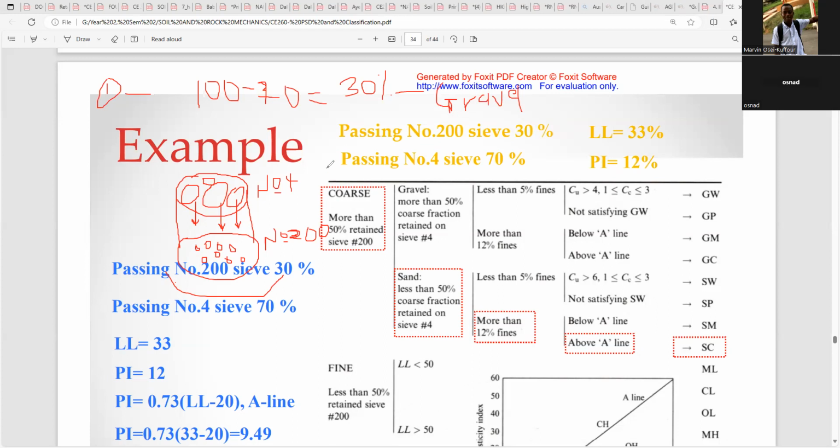And let's move on. The percentage that passed 200. So the 70% of the soil will come here. It will come to end up on sieve number 200. And the percentage out of that 70% that will be able to pass through sieve number 200, we consider that portion to be fines. So the very fine particles will be poured here into the pan.